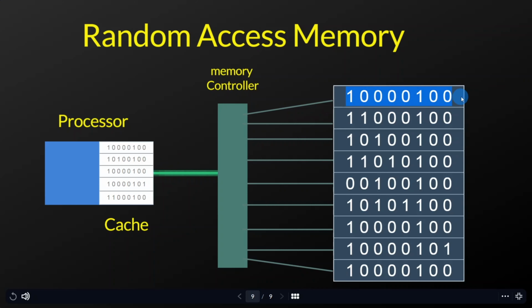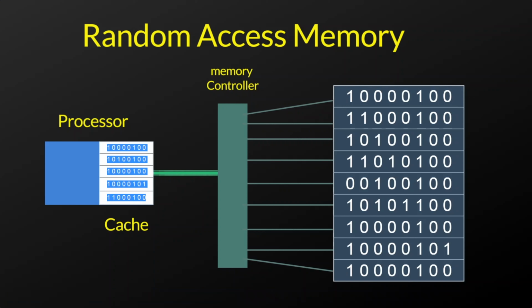The memory controller will load all the nearby contents, let's say up to 4, into the cache itself. So whenever the processor next tries to read, first it looks into the cache. If it is present there, it gets the data from there itself. Otherwise, it goes to the memory controller and, with its help, looks into the large bookcase itself, that is our RAM.